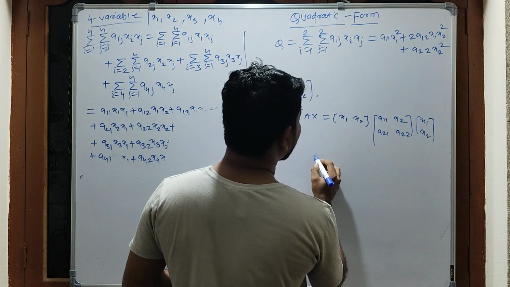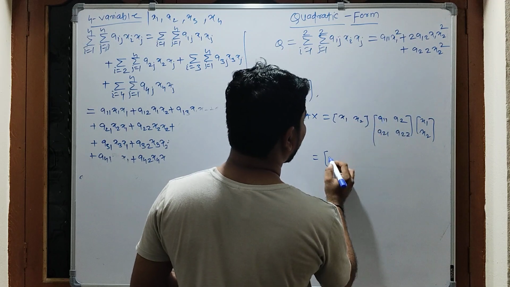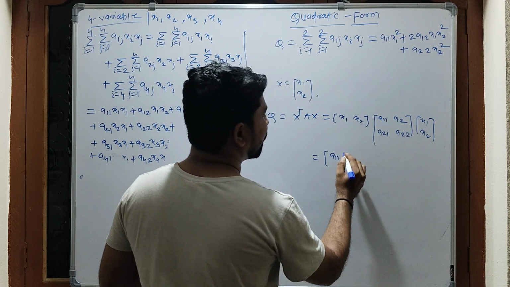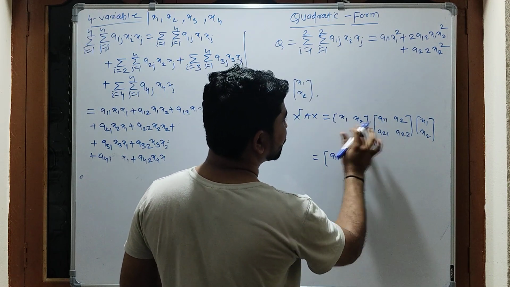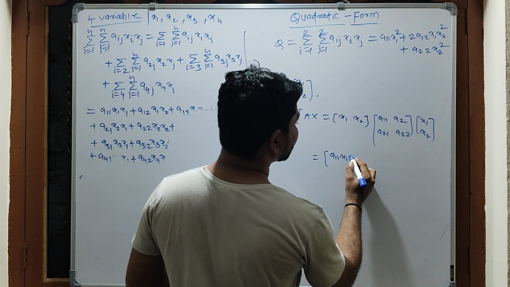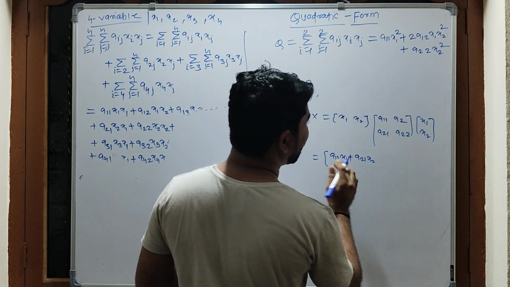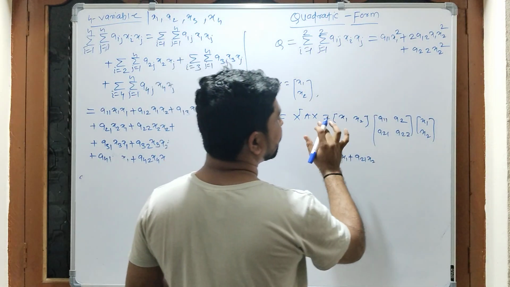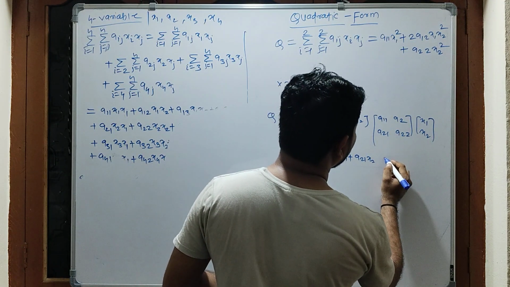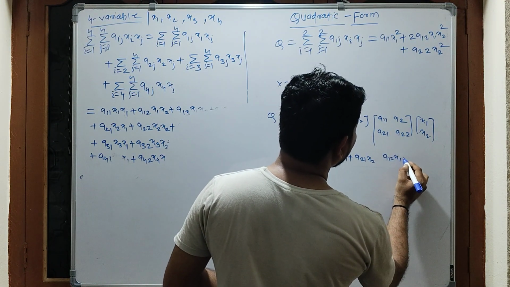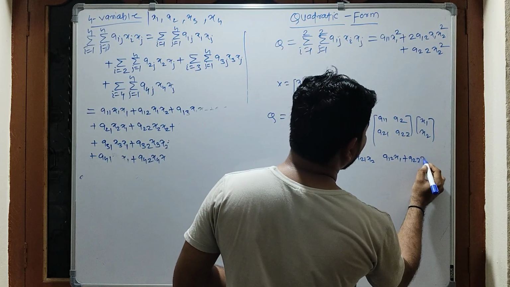So here you can just solve this. First row, first column: a11 x1 plus a21 x2. First row, second column: a12 x1 plus a22 x2.